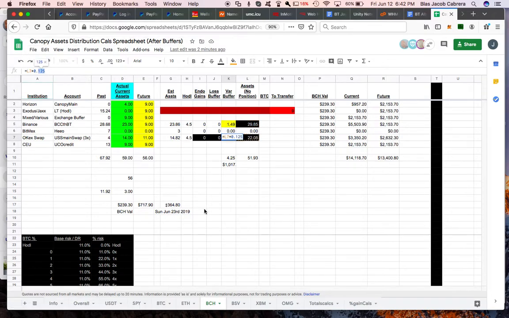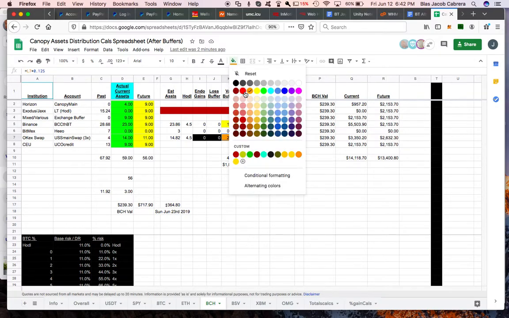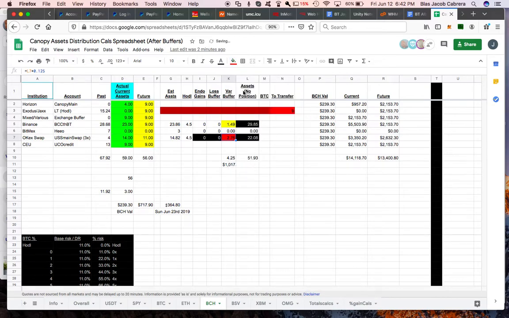And you can see over here, this is the USS main swap and it says 3x. So you come down here, 3x would be a 44% buffer. So really this should be a 44% buffer to be green, but it's not green because it's orange, right? You could even say it's orange or red, because really we want it to be a 44% buffer if we're going to have it at 3x.